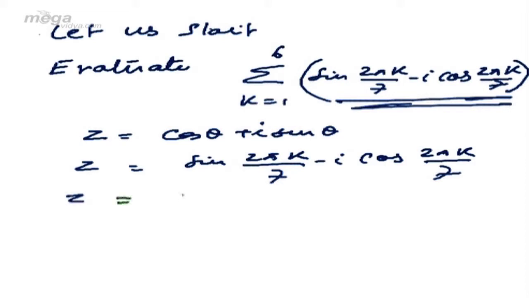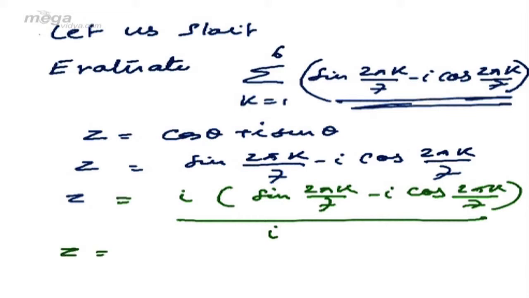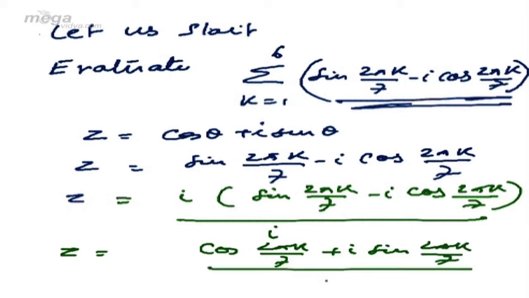z will become i times (sin(2πk/7) minus i cos(2πk/7)) divided by i, because you have multiplied by i in numerator as well as in denominator. So z will become (cos(2πk/7) plus i sin(2πk/7)) divided by i.